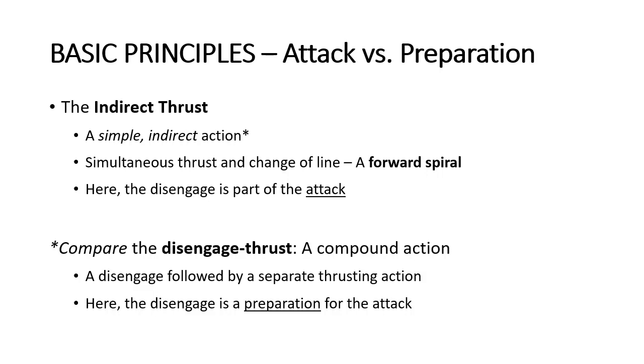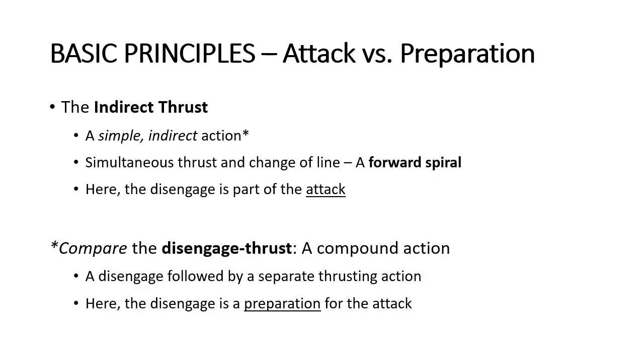We may describe as an indirect thrust a disengage that's executed as part of a simple indirect action. That is to say, one action in which a thrust and a change of line are performed simultaneously in order to arrive in a different line and hit the target.